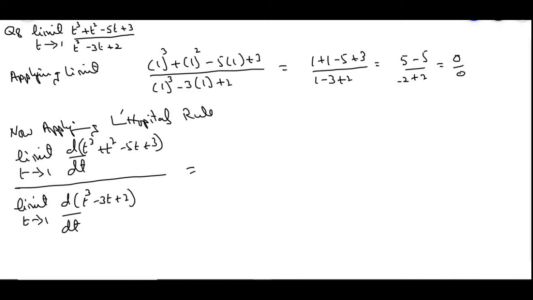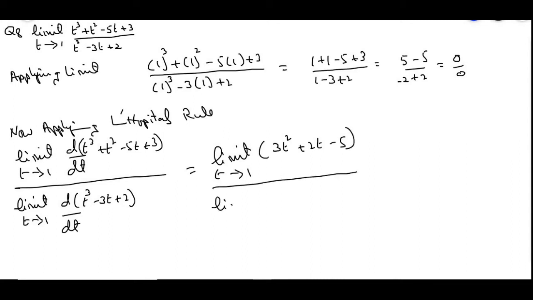On differentiating, limit t approaches to 1, we have 3t square plus 2t minus 5 whole divided by limit t approaches to 1, 3t square minus 3.